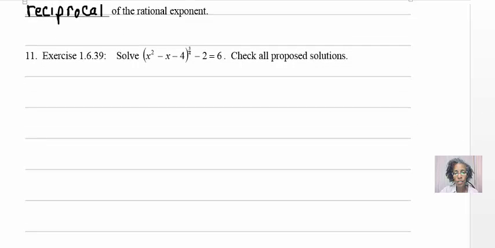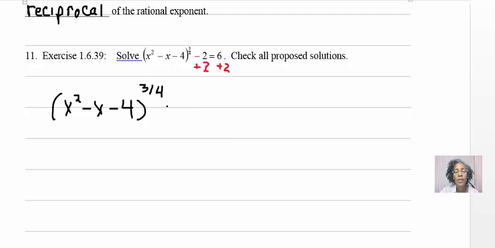So my expression is not isolated, but it will be if I add a 2 to both sides of the equation. So I now have x squared minus x minus 4 to the 3/4 equals 8.